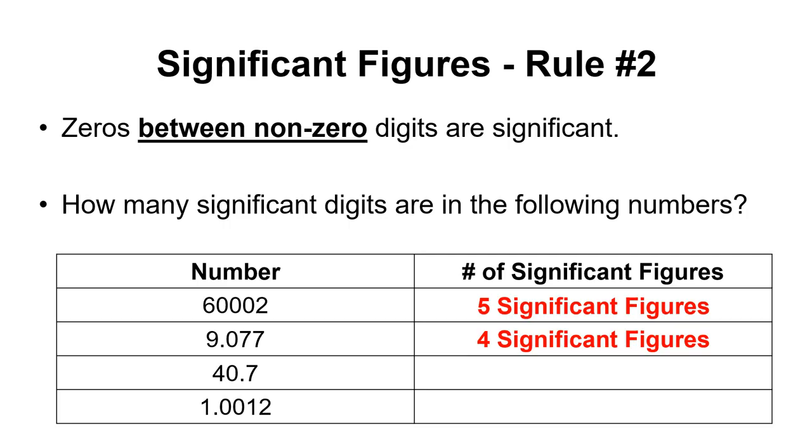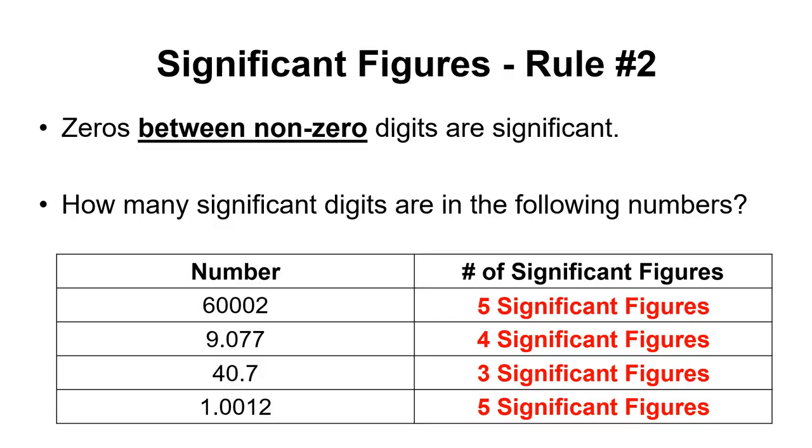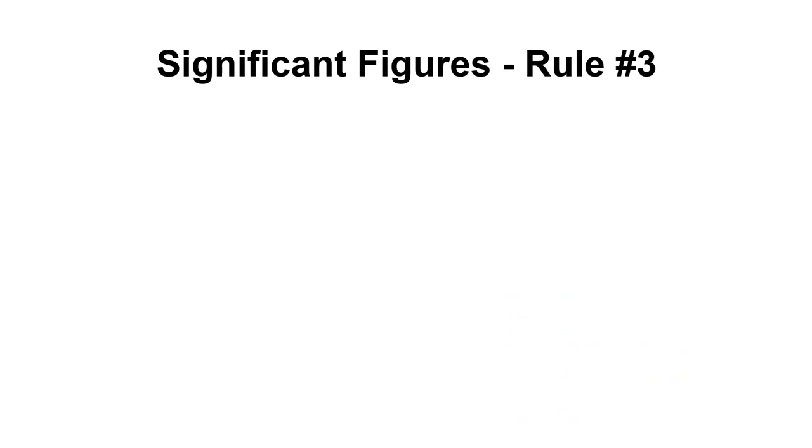Of course, you are right if you had said 3. And what do you think about the next one? 1.0012. Oh yes, you are correct when you say 5. Are we getting there now? That is the second rule when we come to significant figures.